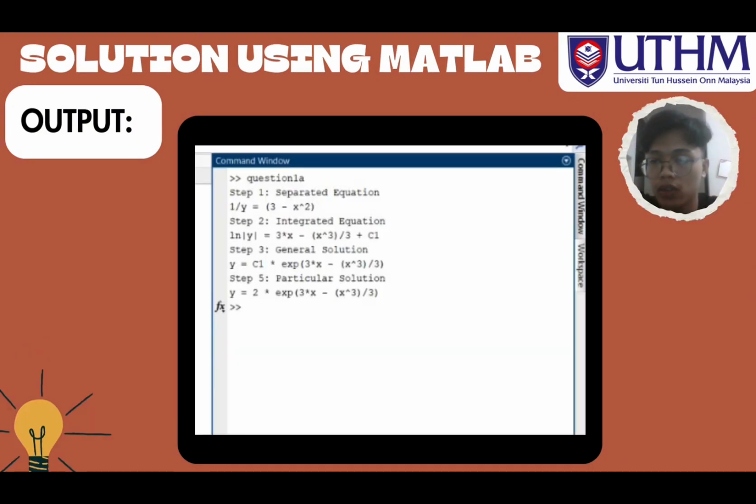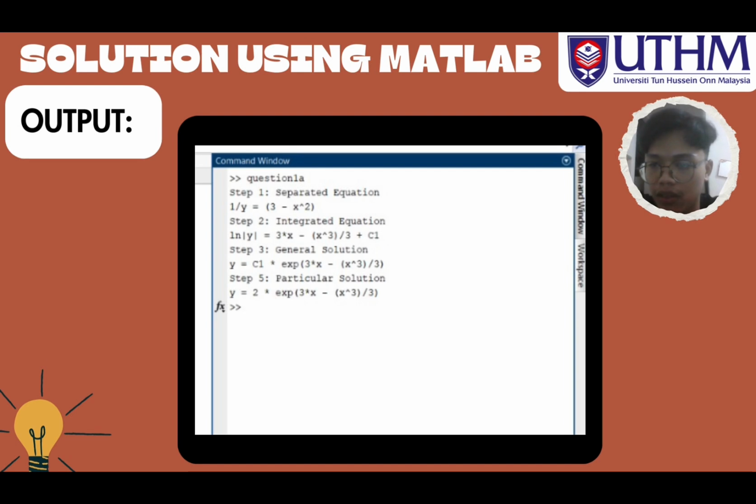For the output, when you run the code, we will get in the command window, for question A1, step 1 is the separated equation 1 over y equal to 3 minus x power of 2. In step 2, the integrated equation, which is ln y equal to 3x minus x power of 3 over 3 plus c1.